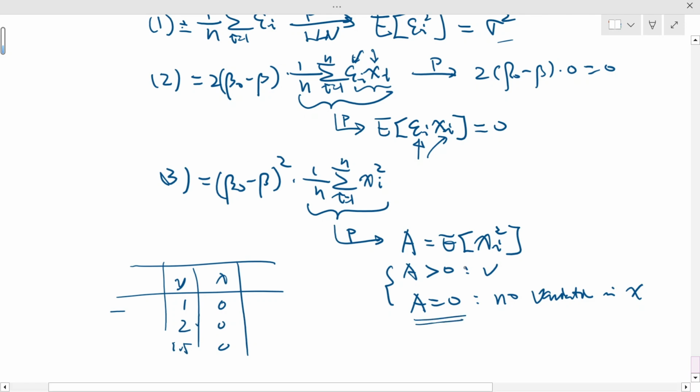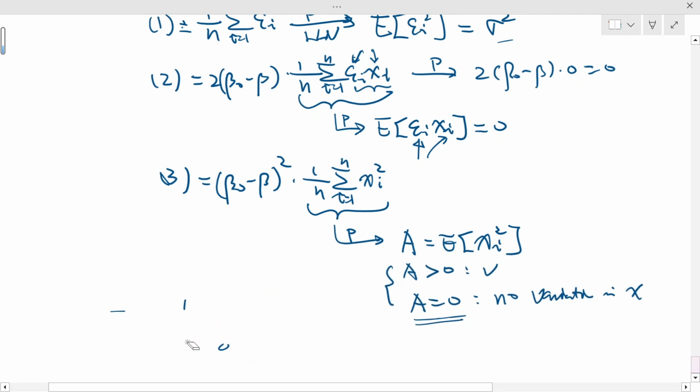Typically, a is positive. And because the term is xi squared, it should be quite reasonable to assume that a is positive. I hope you agree. So this term converges in probability to (beta 0 minus beta) squared times a, where a is positive.